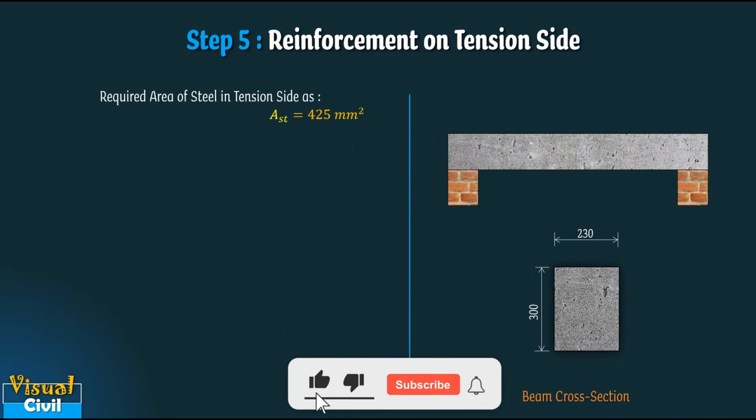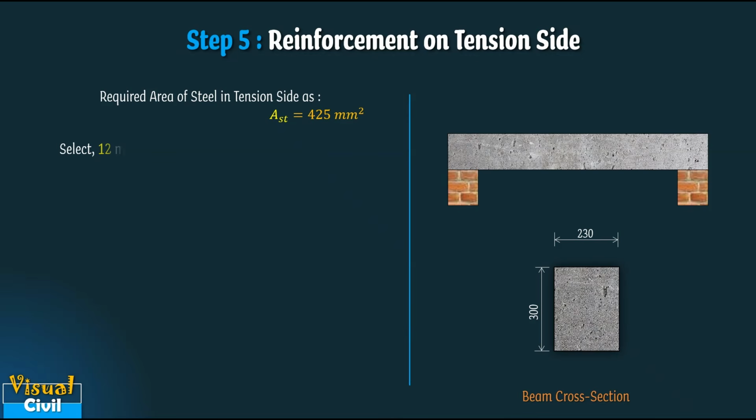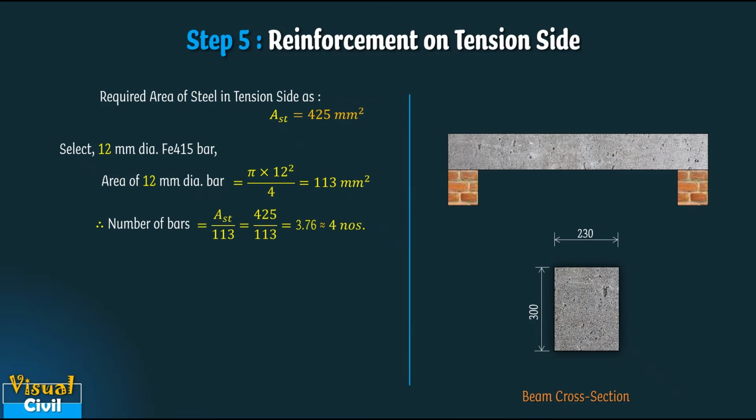Let us fix the number of bars to be provided as tension reinforcement. Select the bar diameter as 12 mm. The cross-sectional area of this bar is 113 mm square. Now, compute the number of bars by dividing the required area of a steel by cross-sectional area of each bar.